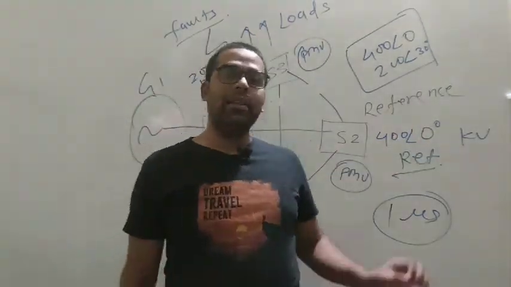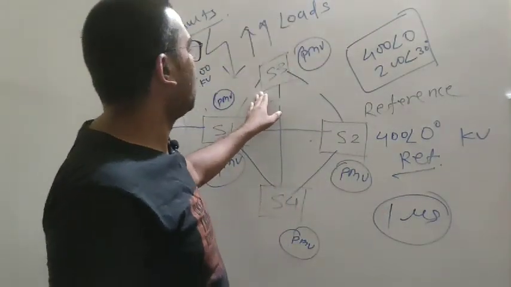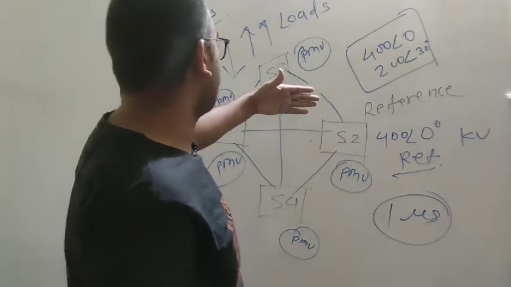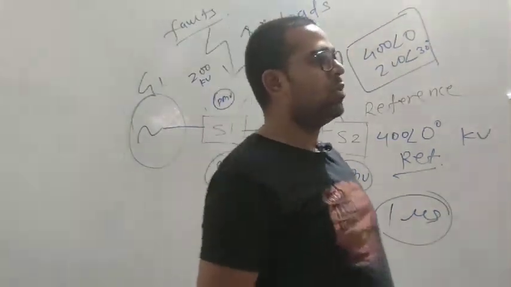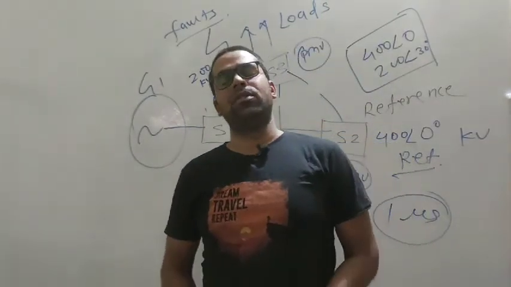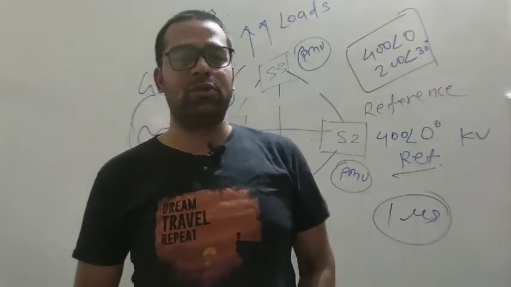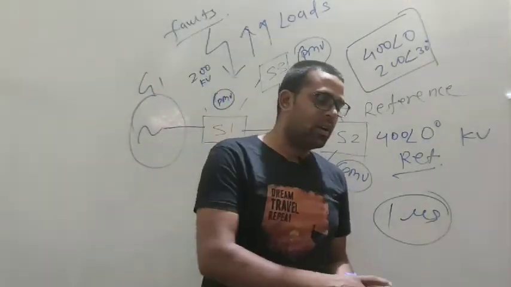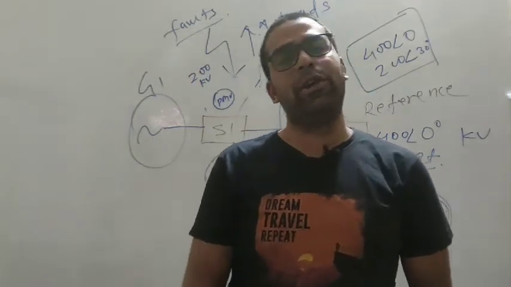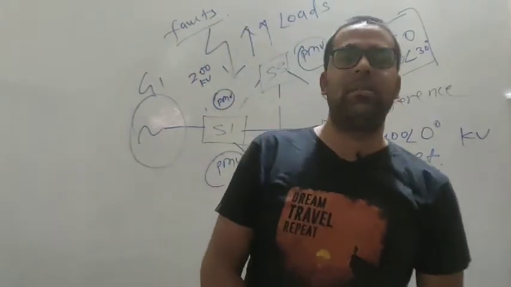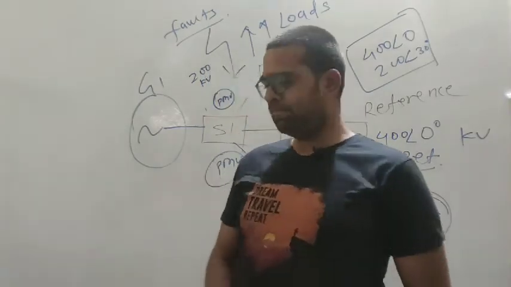Again the same procedure will happen, and your PMU, relays and circuit breaker will isolate this substation S3. Whatever change, angle change or magnitude change, whatever abnormality comes in your system, it is going to be detected, and the remedial action is going to be taken within 1 microsecond.